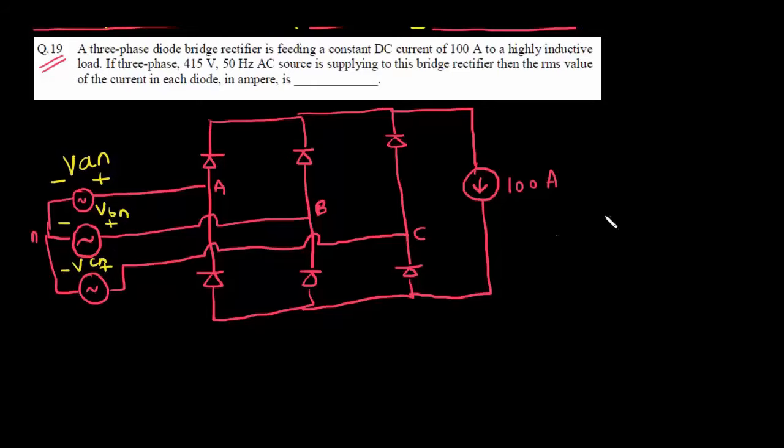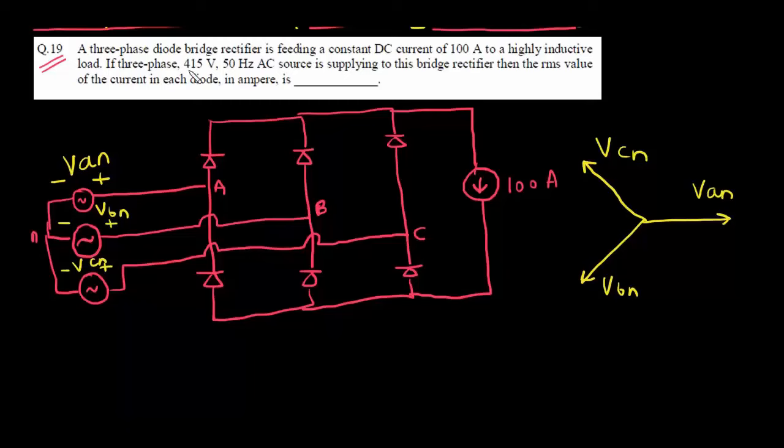This three-phase source is a balanced one, which means that they have equal magnitude and a phase shift of 120 degrees. So this is VAN, VBN, VCN.